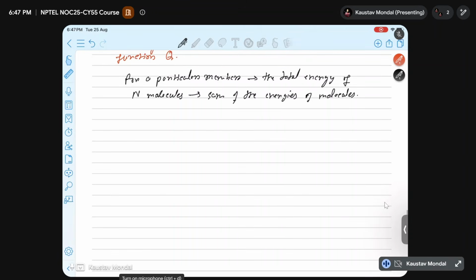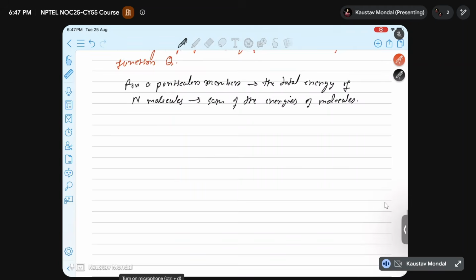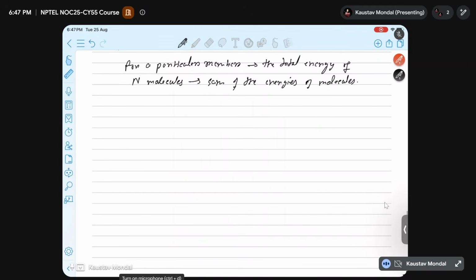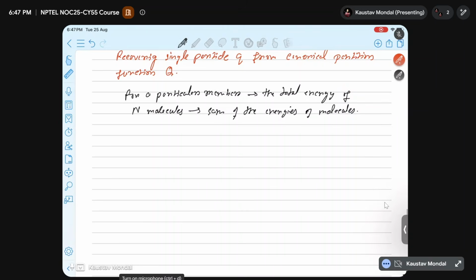Just add the energies one by one for each of the molecules, and for a particular system we'll get the total energy.